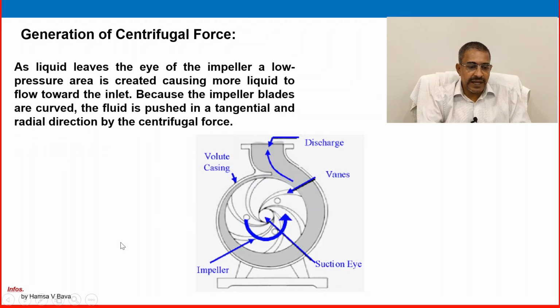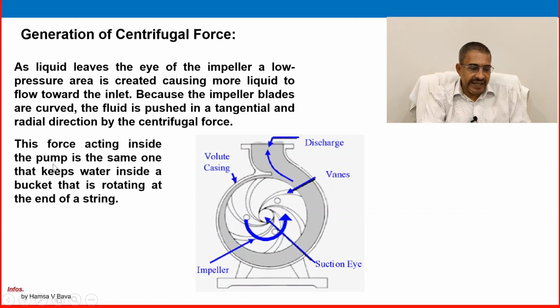As liquid leaves the eye of the impeller, a low pressure area is created, causing more liquid to flow toward the inlet. Because the impeller blades are curved, the fluid is pushed in a tangential and radial direction by centrifugal force.